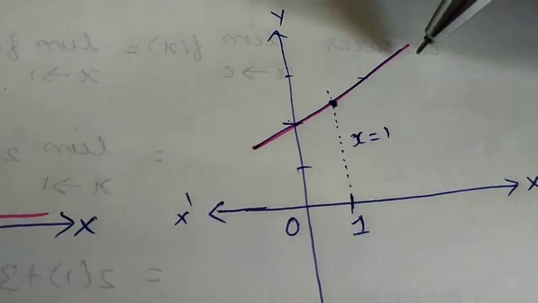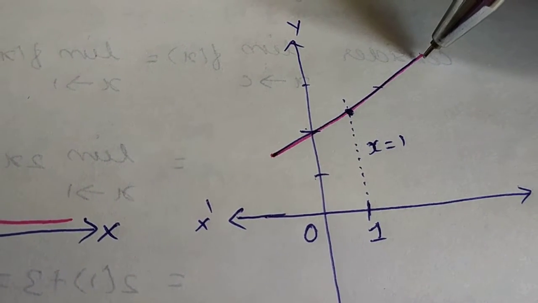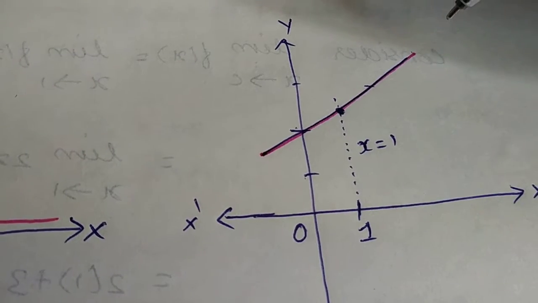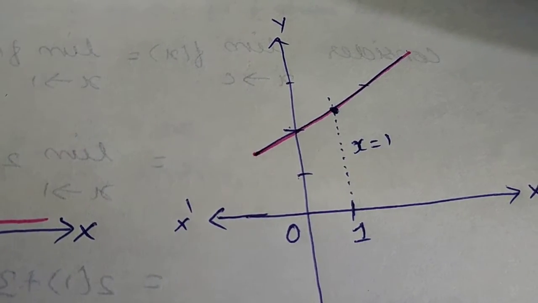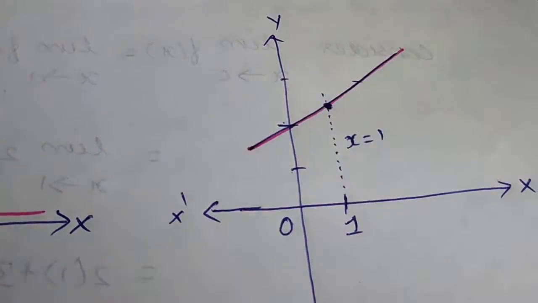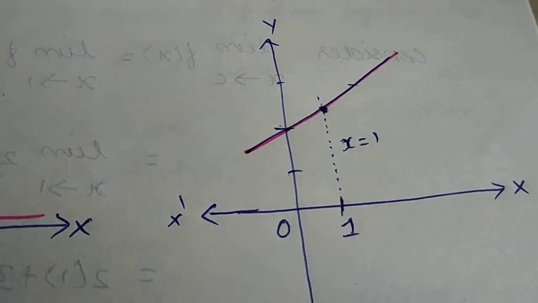Here we are able to draw the line without lifting the pen, and we are able to cover all the points which are defined by the function. So we can say this type of function is an example of a continuous function.